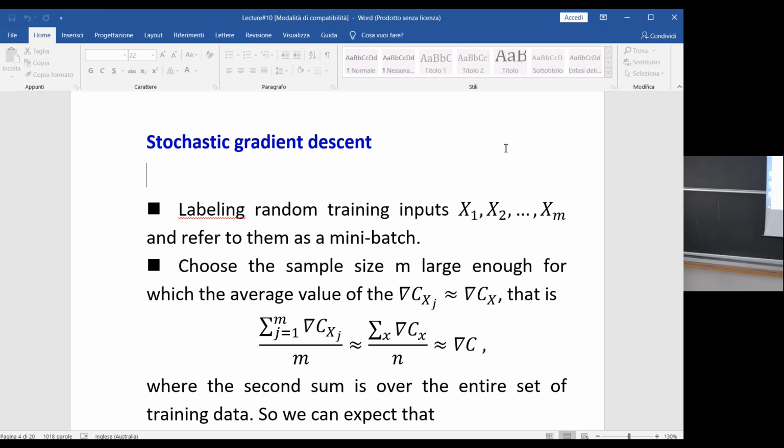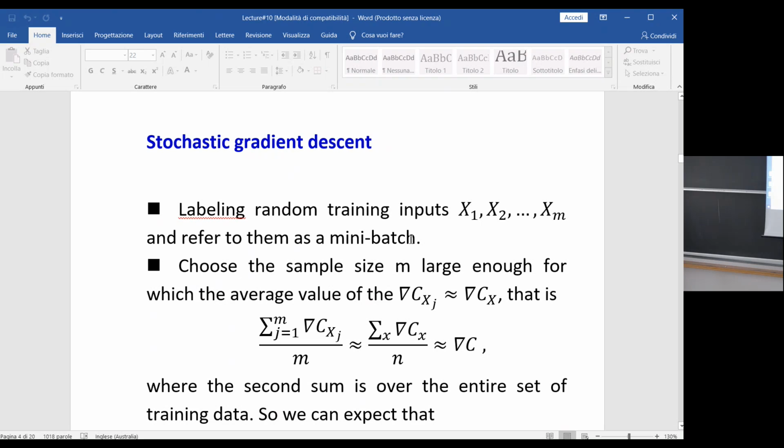of our training samples of small volume, and we shall refer to them as a mini batch.